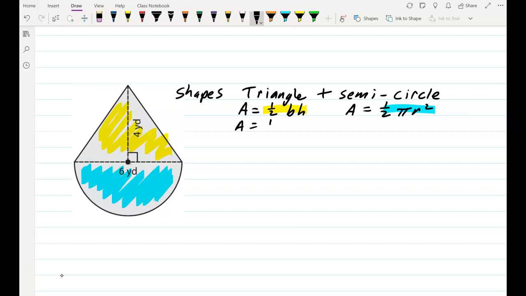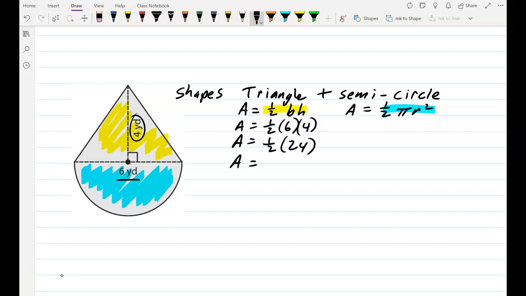Okay, the area is 1/2 times the base. It looks like the base is 6, and the height of the triangle is 4. So 1/2 times 6 times 4. 6 times 4 is 24.